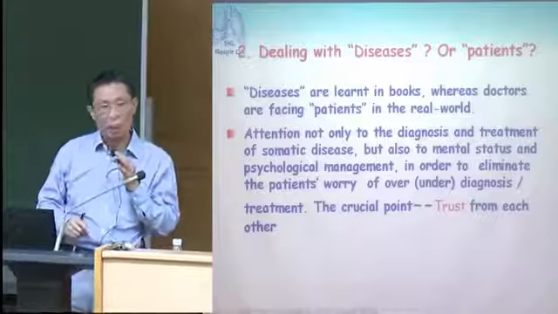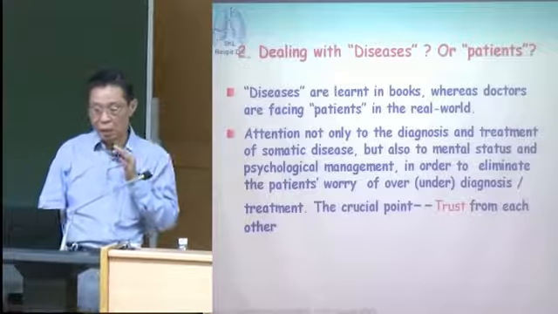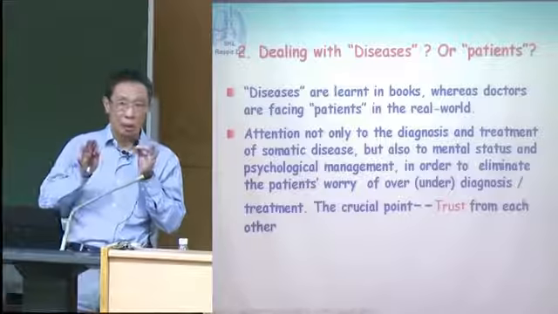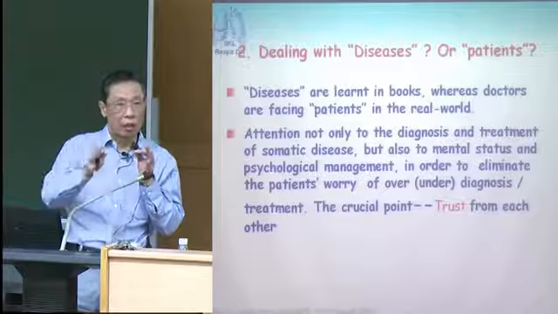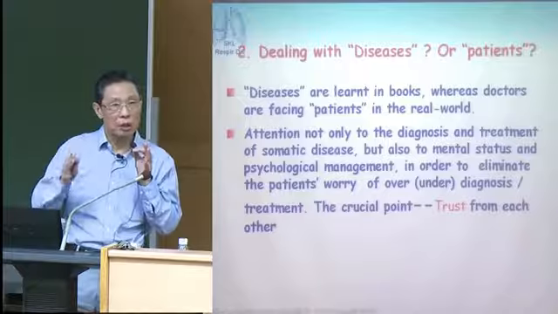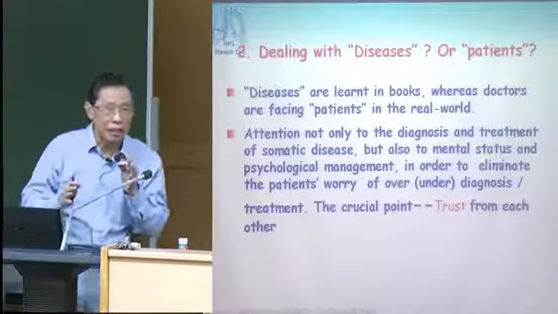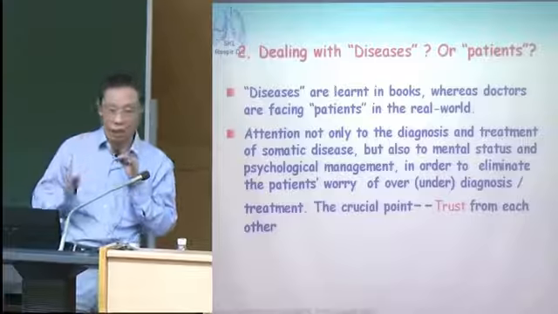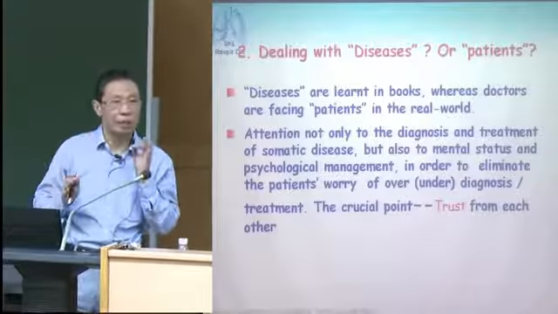psychological status, in order to eliminate the patient's worry. He was all worried about the doctor giving him too much treatment, or he was worried the doctor underestimated the severity of his disease. So the trust from each other is extremely important.